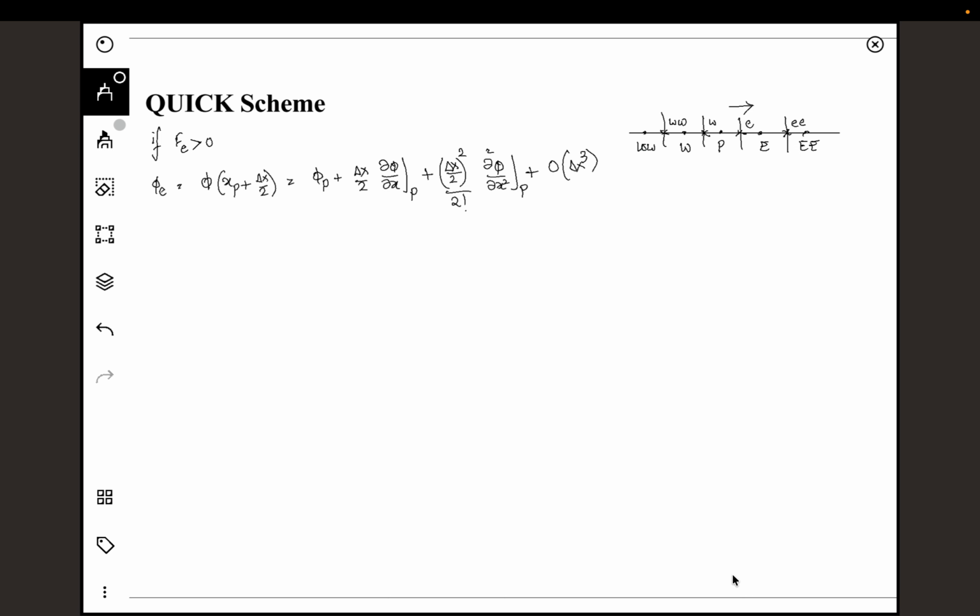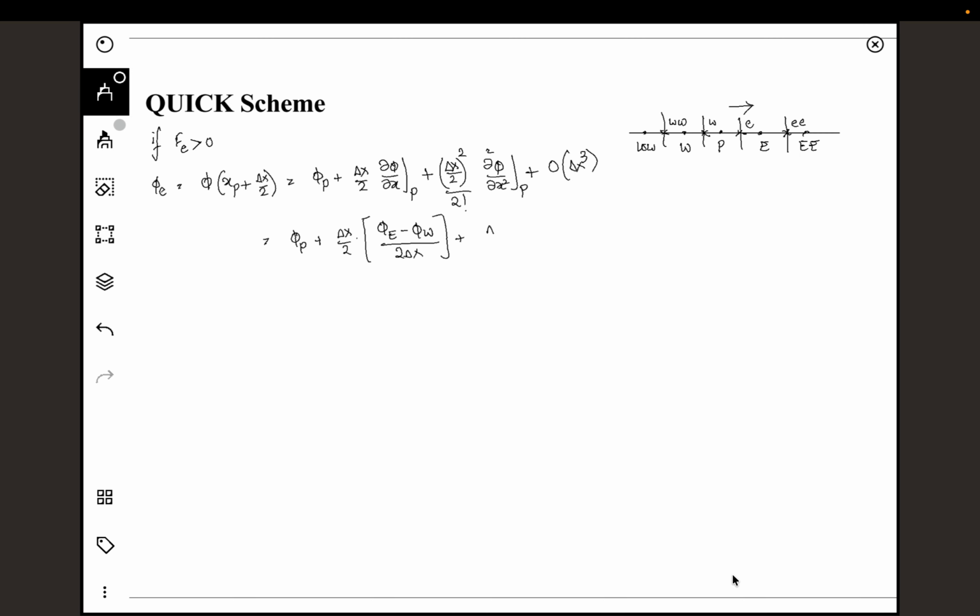Now we have to use again, just like before, we need to express these derivatives in terms of the cell center values. And we have to use schemes which are at least second order accurate so that the overall accuracy will be third order. So this will become phi p plus delta x by 2. Same like before, del phi del x at point P, I'll use the central difference, phi east minus phi west by 2 delta x.